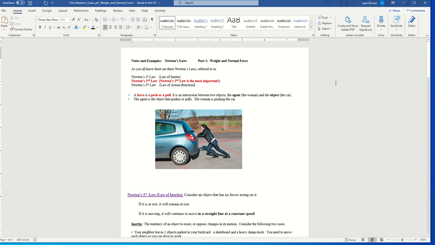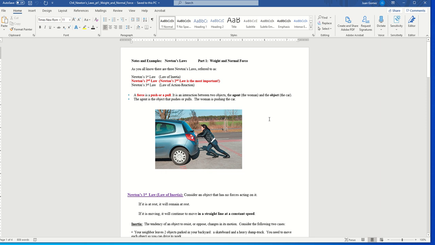So let's just get a couple of background terms out of the way. Newton's laws deal with the force acting on an object, the mass of an object, and the acceleration of an object. So what is a force? Simply put, a force is a push or a pull.